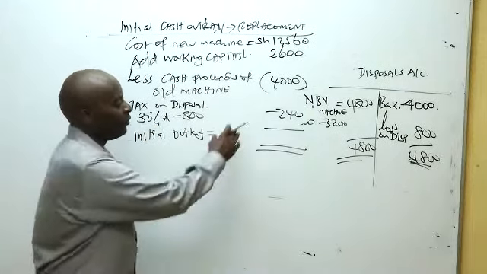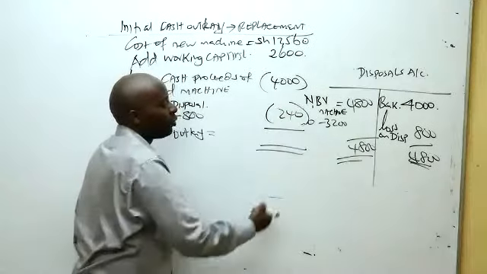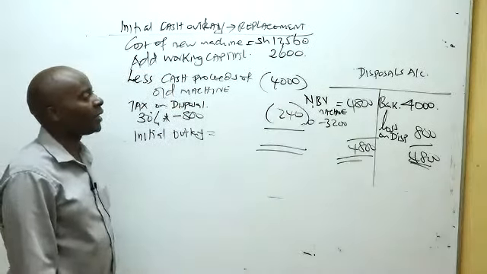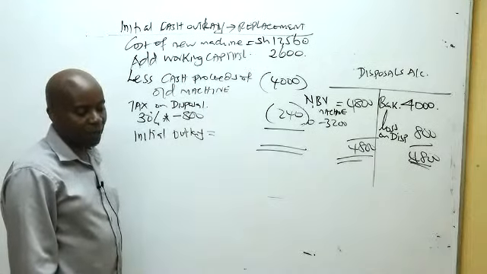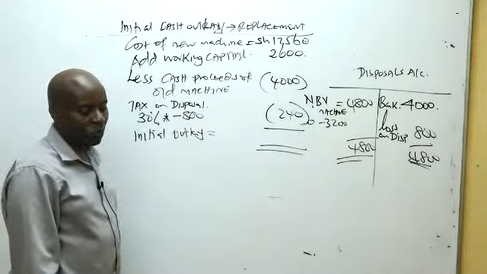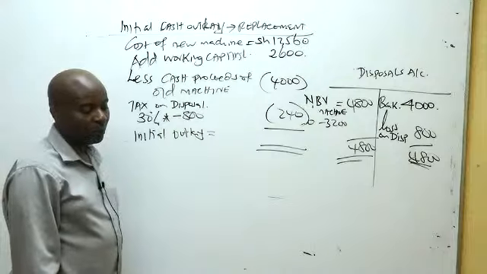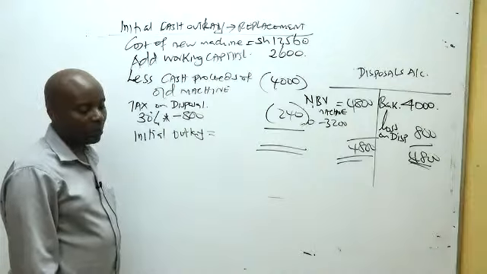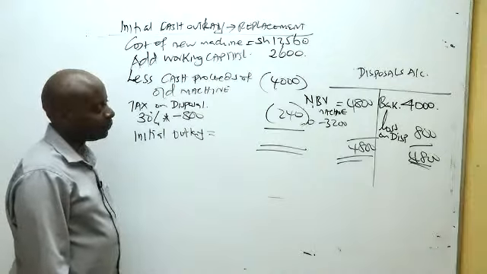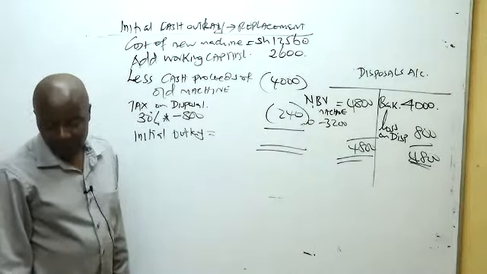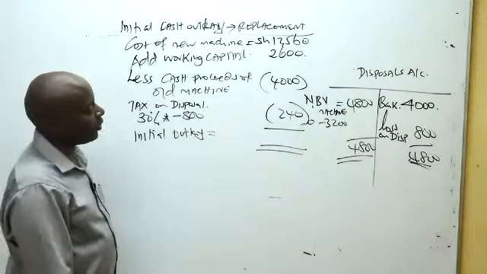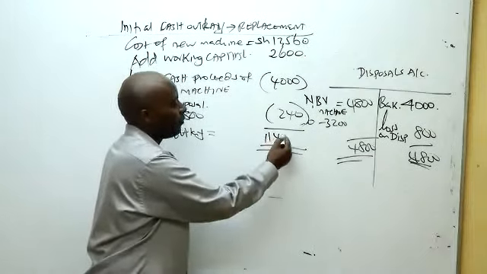It's a negative figure. You can either put it as a negative or put it in brackets like that. So what figure do we have here, somebody? I'm being given a figure of 11,400. Is that true?